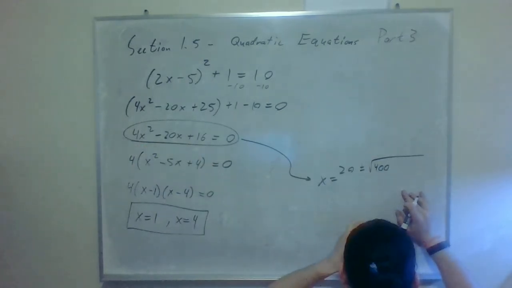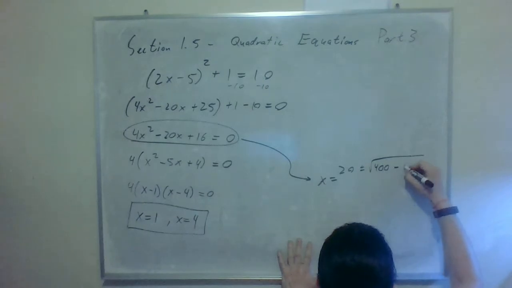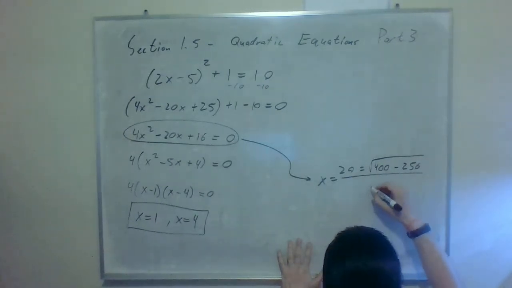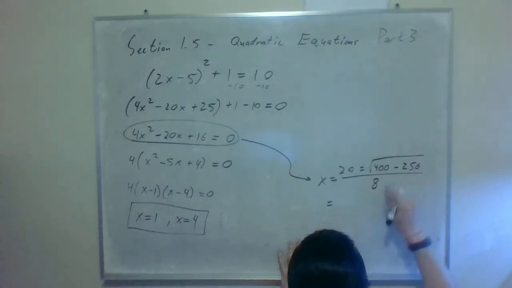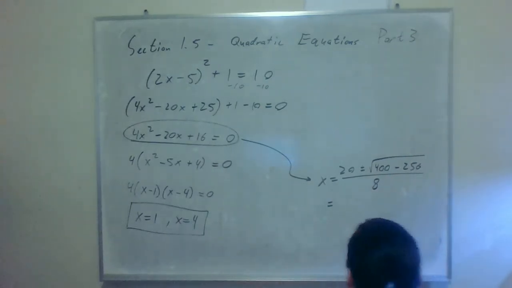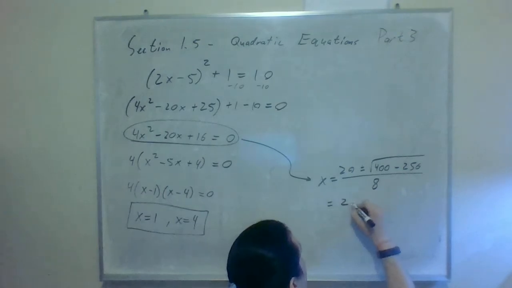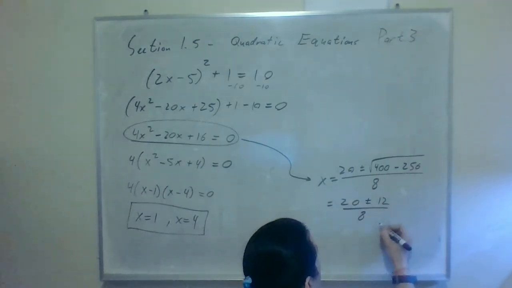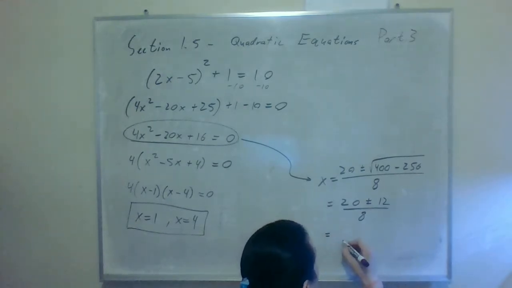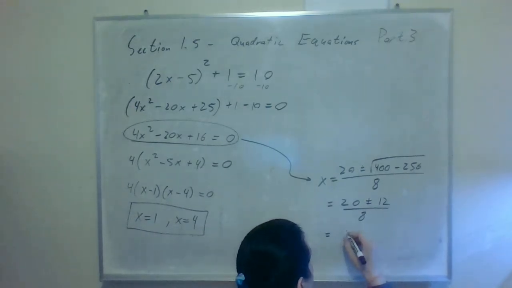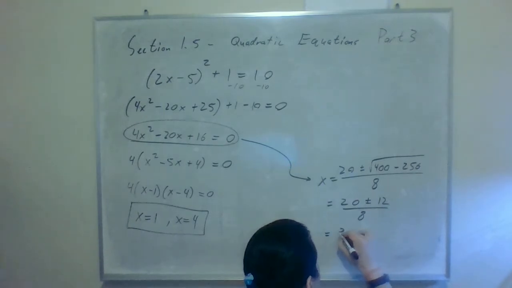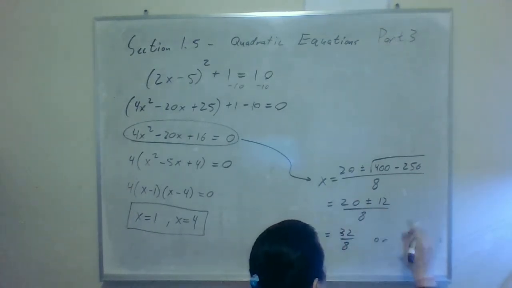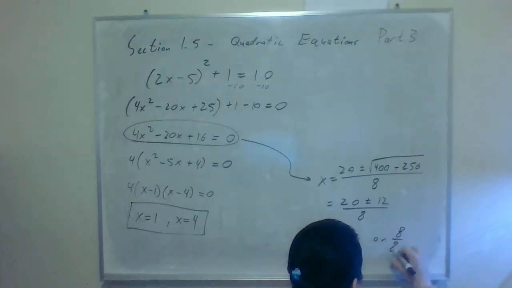If you multiply that by 4, you should get 256. All over 2a, which should be 8. So 400 minus 256 is 144. So this is 20 plus or minus 12 over 8, which splits two ways. 20 plus 12 is 32 over 8, which is 4. Or 20 minus 12 is 8 over 8, which is 1.